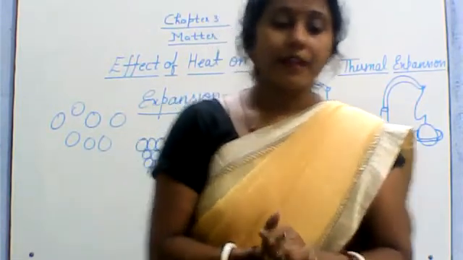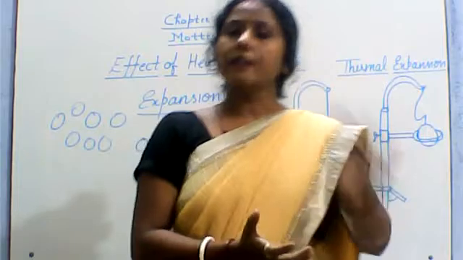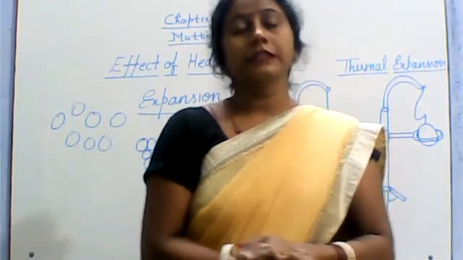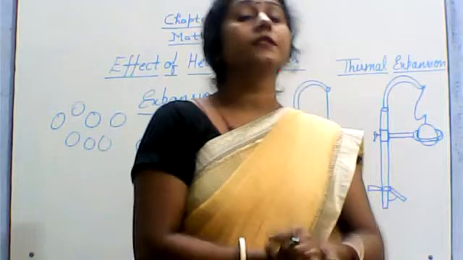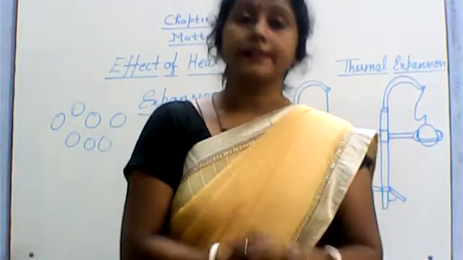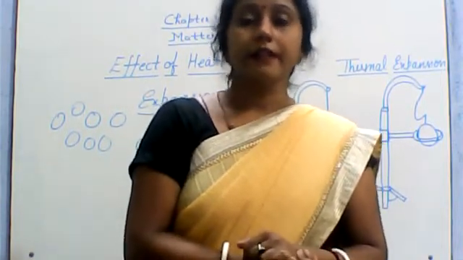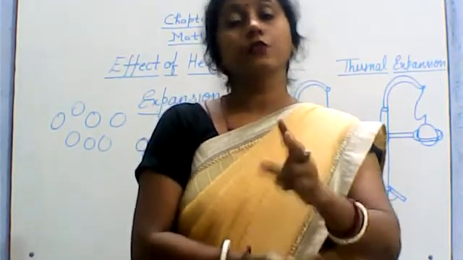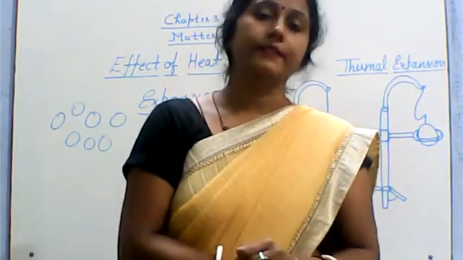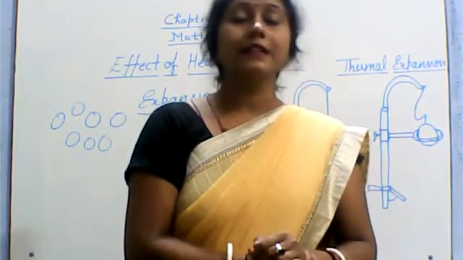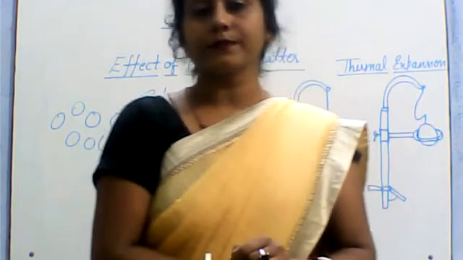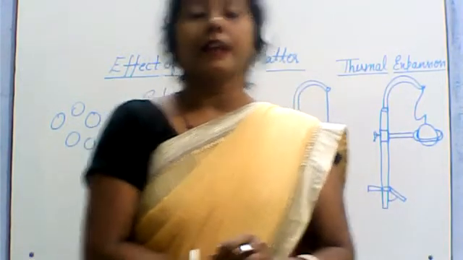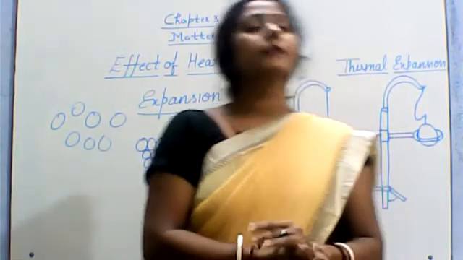Now some myth and facts I want to tell. I have taught you there are three states of matter: solid, liquid and gas. But the fact is there are two more states of matter. One is plasma and second is the Bose-Einstein condensed state. So what is plasma?